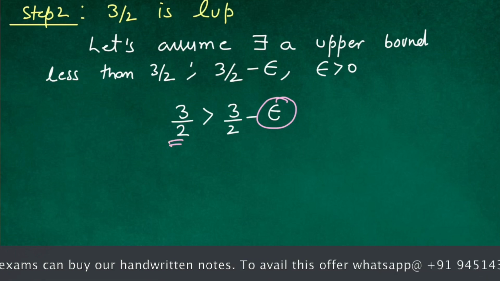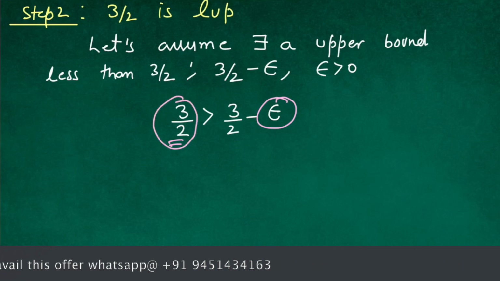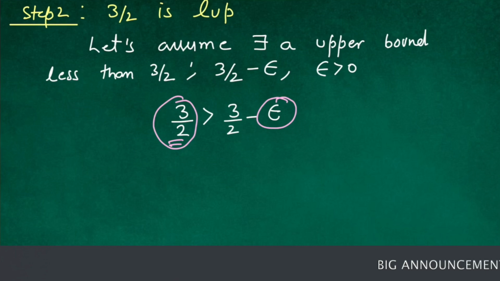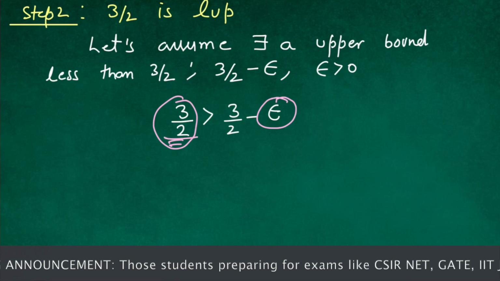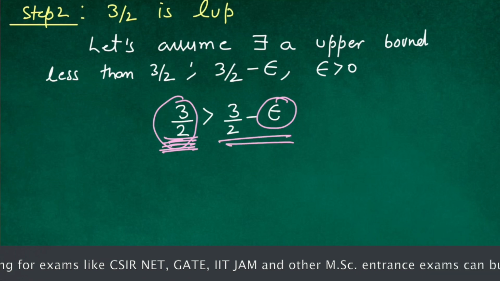Now this 3 by 2 is a member of set S. So from the definition of upper bound, all the members of set S must be less than or equal to the upper bound, but here there exists a member of the set which is not less than the upper bound.